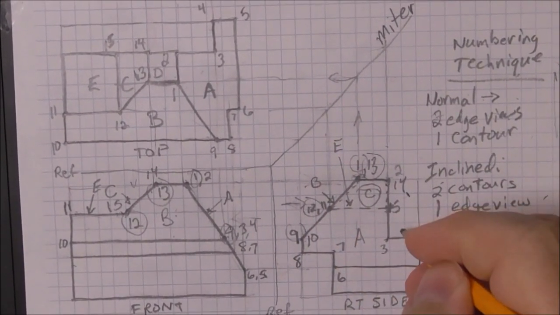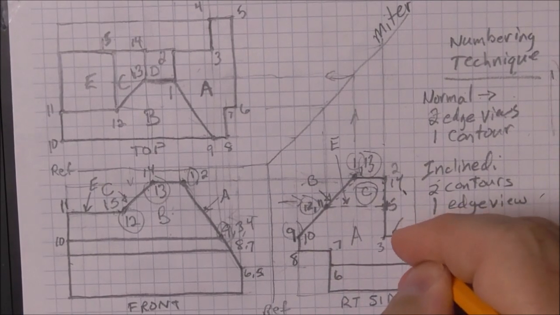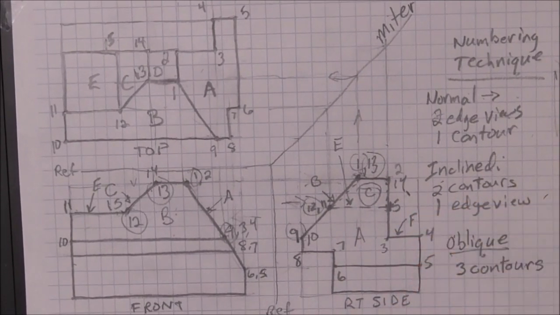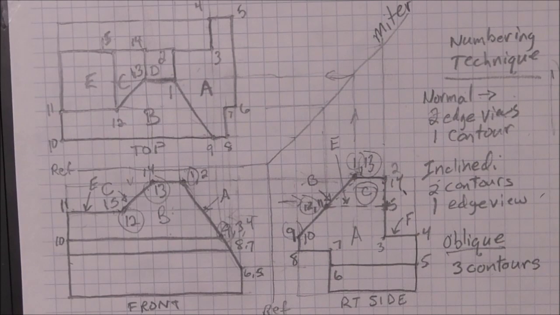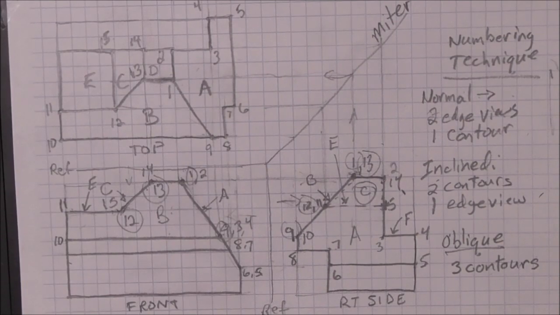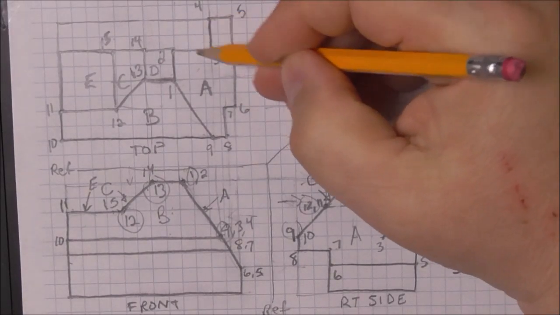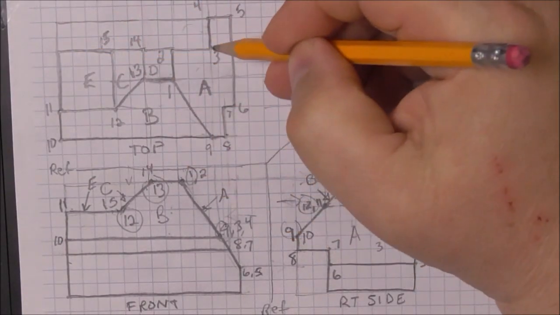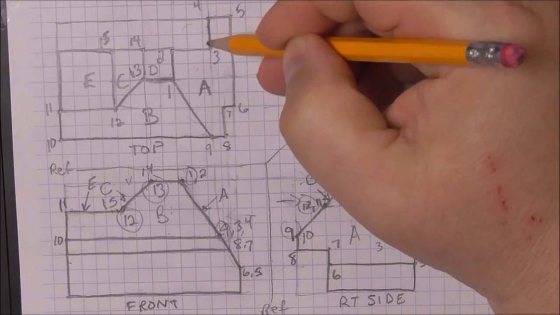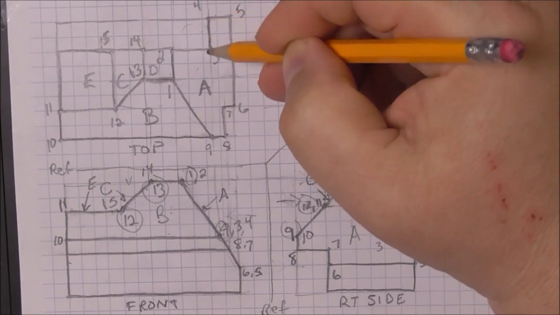Now we have a couple left. We have this one here, F. Is that an edge view of a horizontal plane, or is it a plane in edge view? How much of this is a plane? Or does it drop off right there? Is this a vertical plane right here?